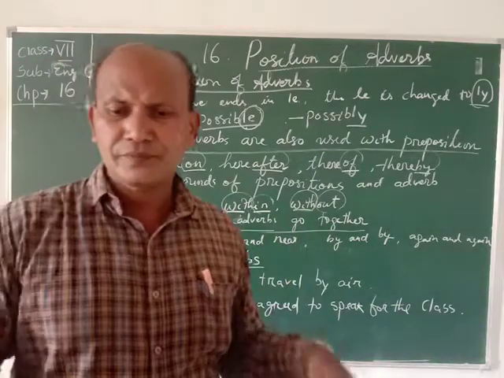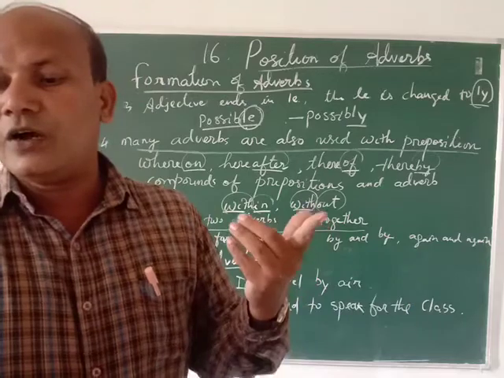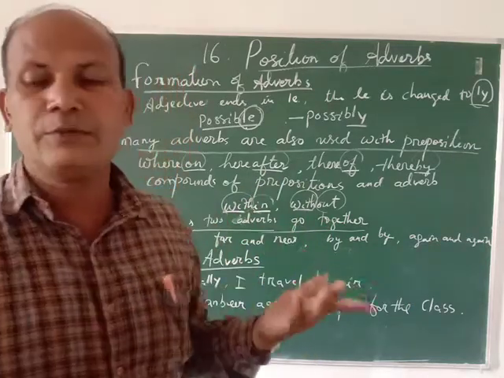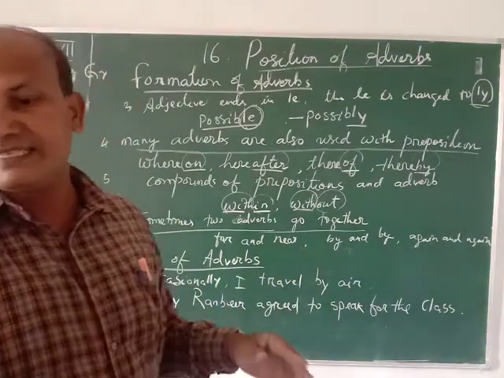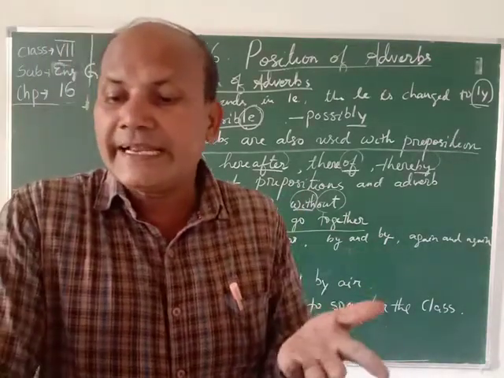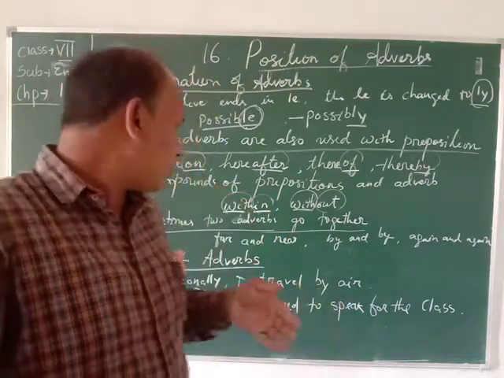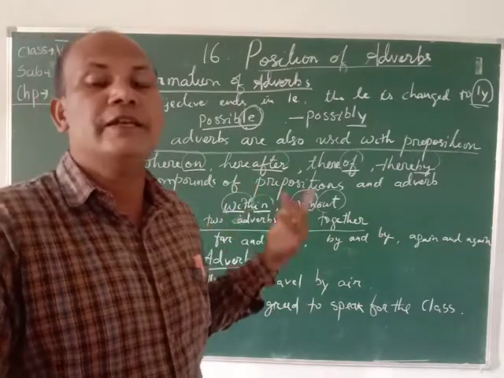You can see. The first one, only Ranbir, means that he alone agreed to speak for the class. Suppose Ranbir only agreed means Ranbir agreed he would just speak for the class, not that anyone else agreed.